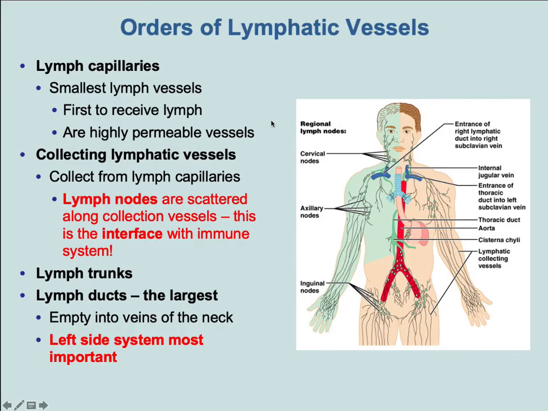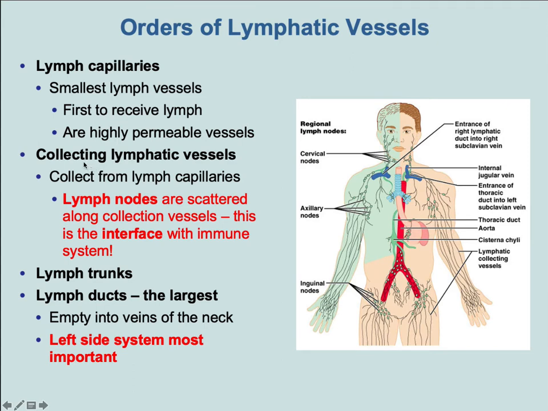Now there is an order to these lymphatic vessels in terms of the direction the lymph flows. We start with the lymphatic capillaries, or lymph capillaries. These are the smallest lymph vessels, and they are the first ones to receive the lymph. They are highly permeable, as we'll look at in detail later. Following the lymph capillaries, the lymph gets drained into collecting lymphatic vessels.